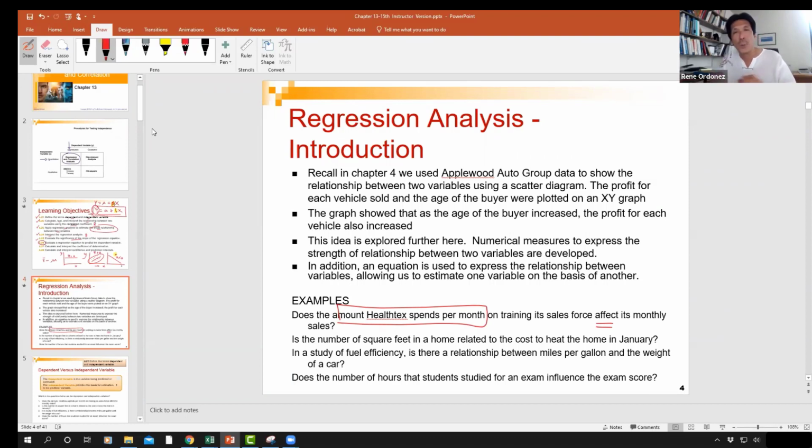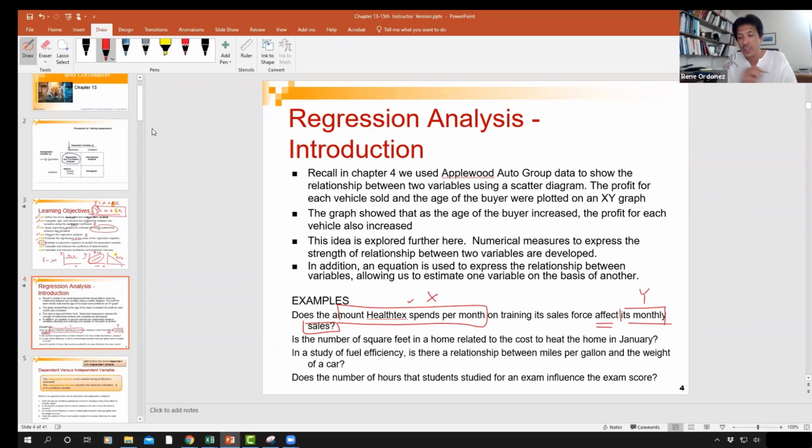It's another term for, is there a relationship between this variable and the monthly sales? So we see two variables. Which one is the response variable? Which one is the variable of interest? Well, in this case, we're interested in looking at monthly sales as it is affected by the amount spent on training per month.